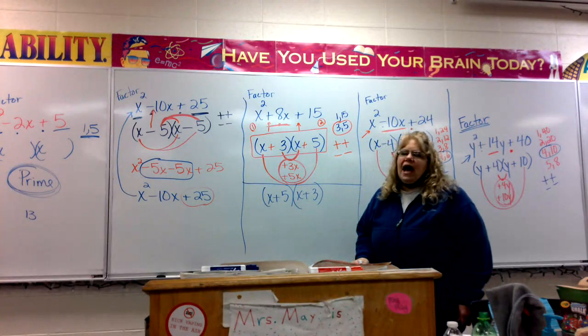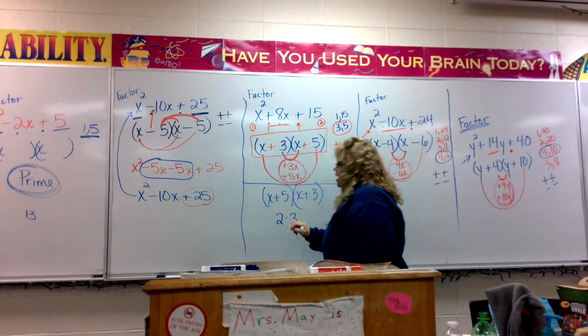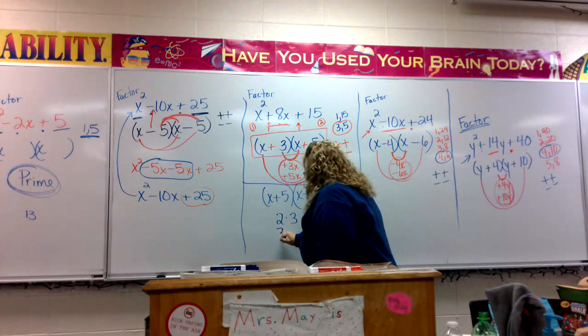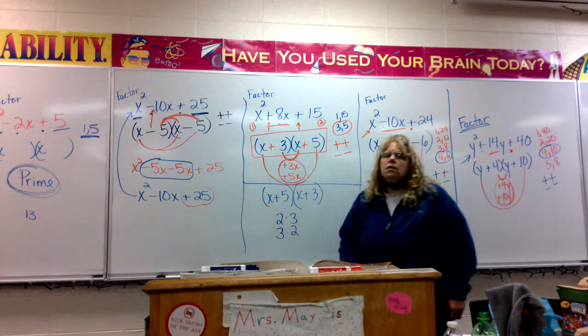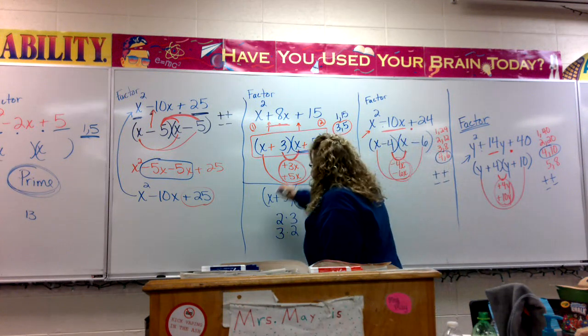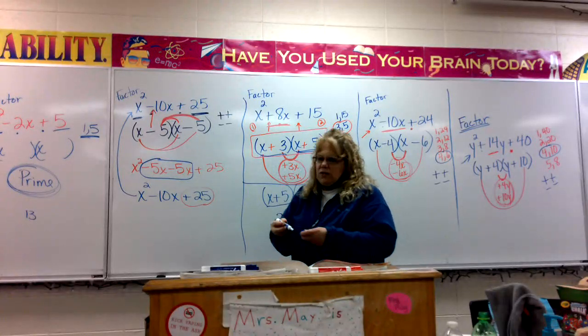Here's why. Look up here for one last second. What's 2 times 3? 6. What's 3 times 2? Right. So it doesn't matter. As long as you have an x plus 5 and an x plus 3, it doesn't matter which one comes first.